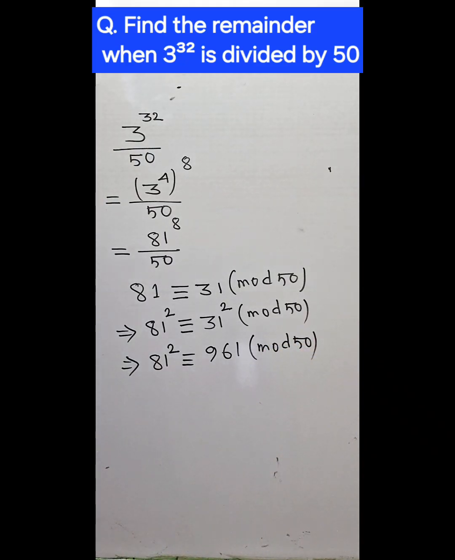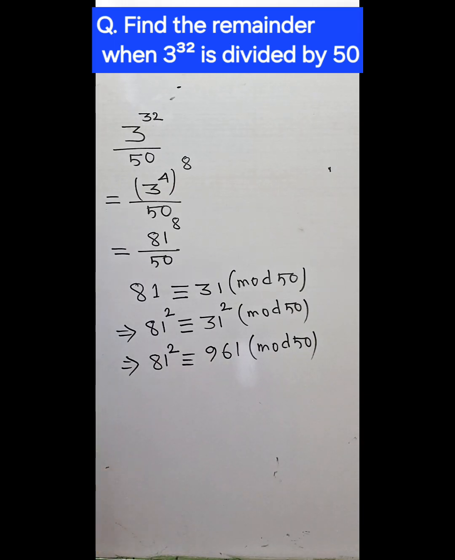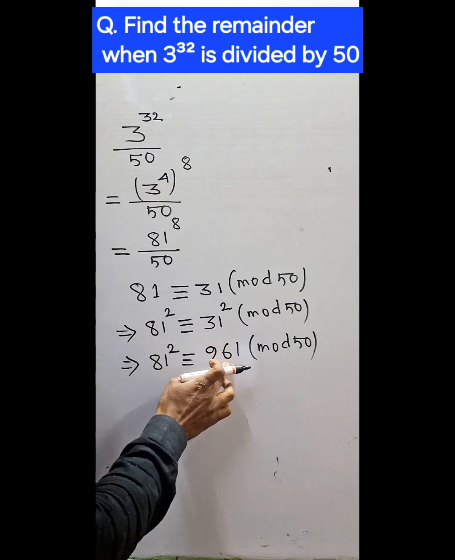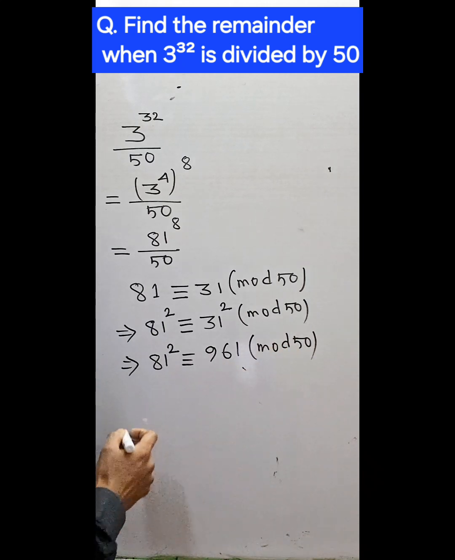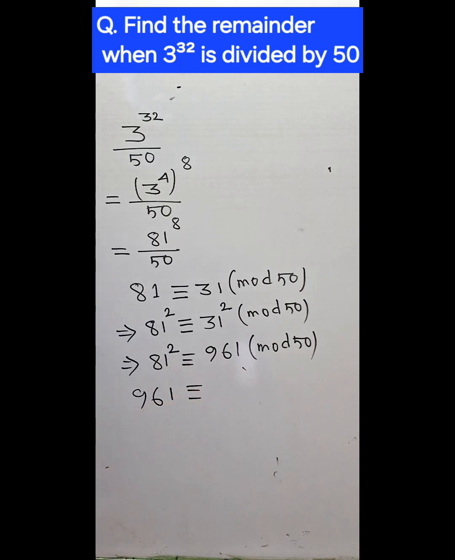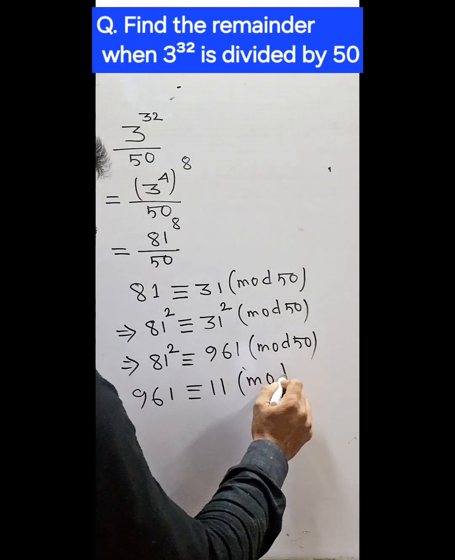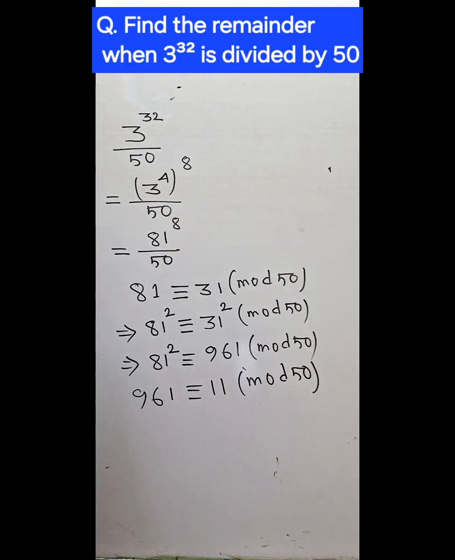Now you have to consider 961. If we divide 961 by 50, what's the remainder? That means 961 is congruent to, and you will see if you divide 961 by 50, remainder will be 11. You will say it's congruent to 11 modulo 50.